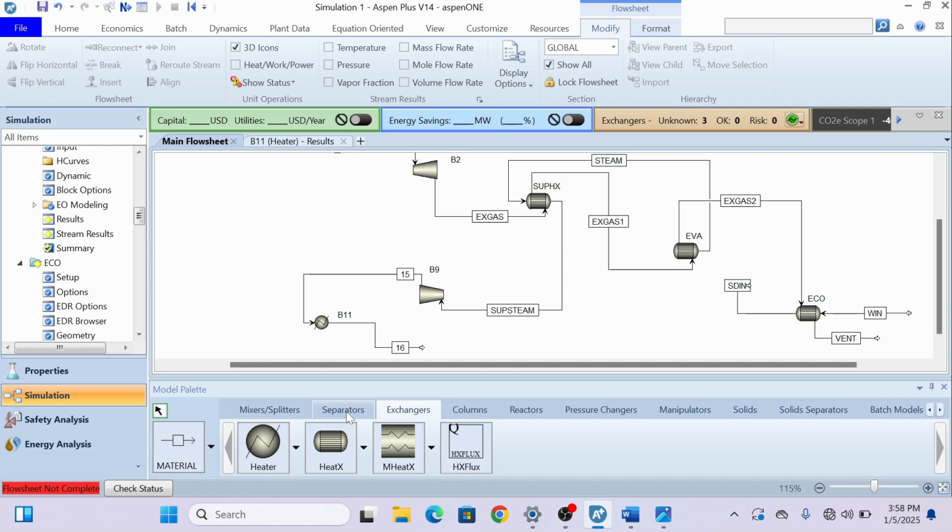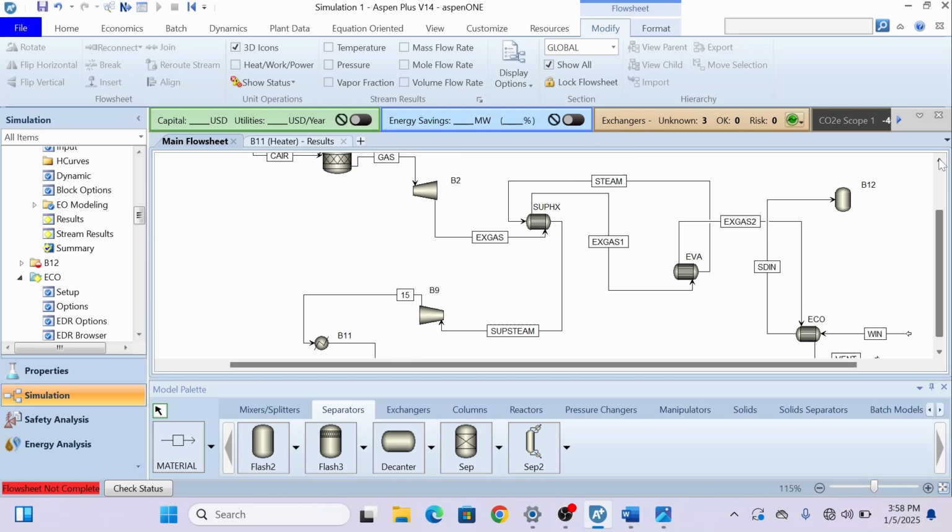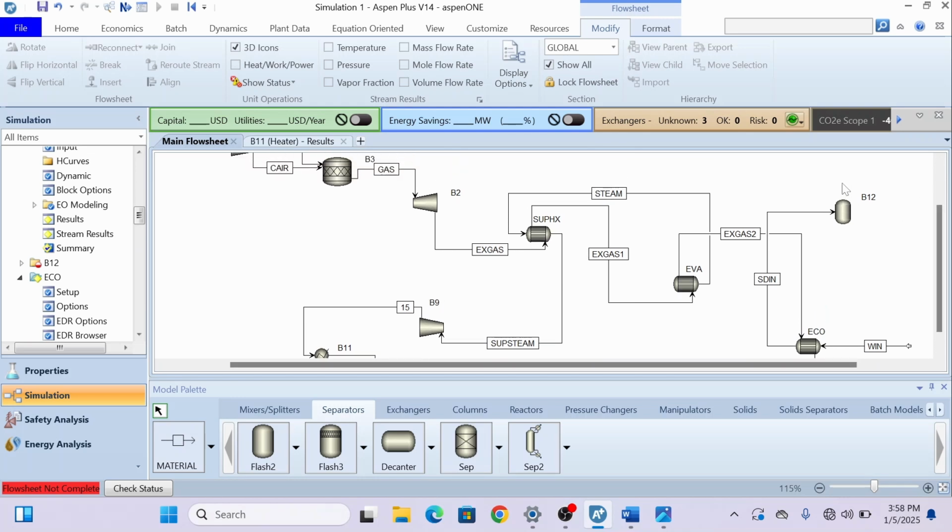So I will go to the separator and just place my separator over here. Double click on it, and this will be my inlet. My steam drum has two streams. The vapor that is produced from the steam drum is going to our superheater.